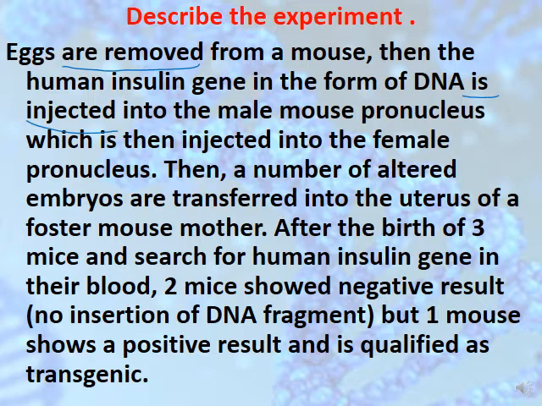After the birth of three mice and searching for the human insulin gene in their blood, two mice showed a negative result, meaning that there is no insertion of DNA fragment, while one mouse shows a positive result, and this mouse is classified as transgenic.